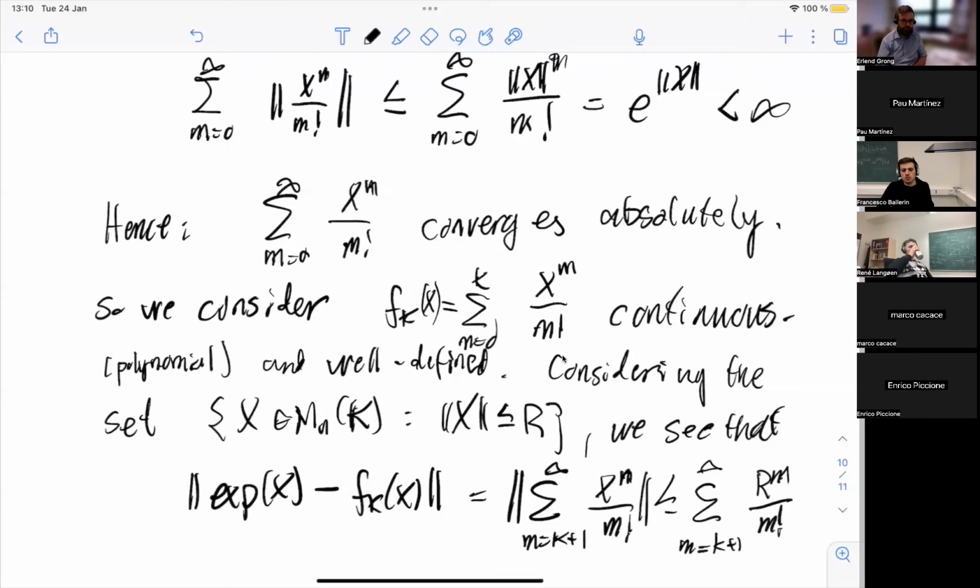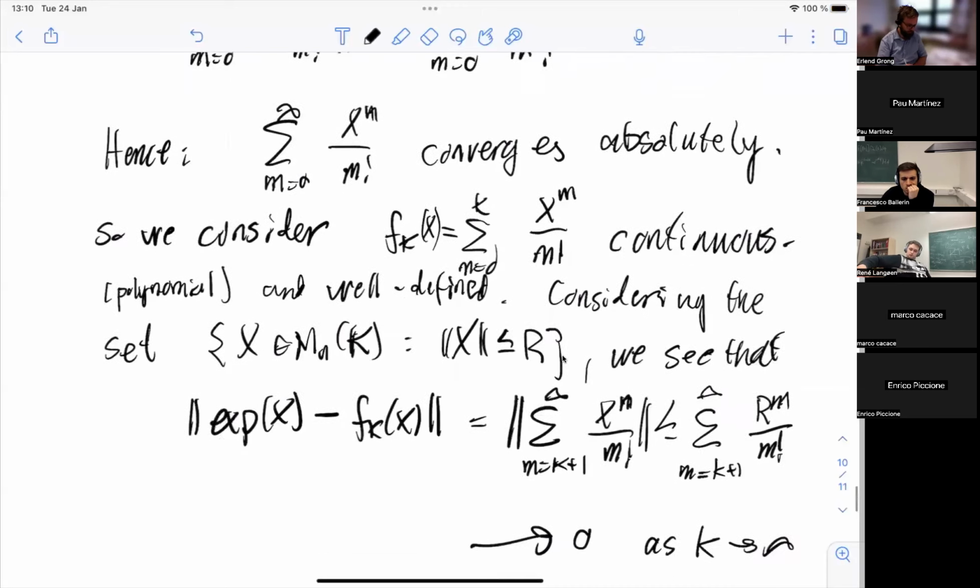Just with the same proof you have in calculus, if we have a series that converges absolutely, then the sum exists. Then the sum will converge towards a concrete object.